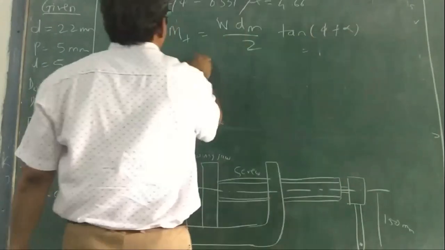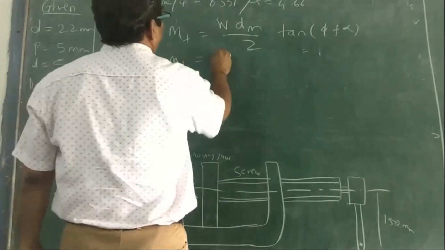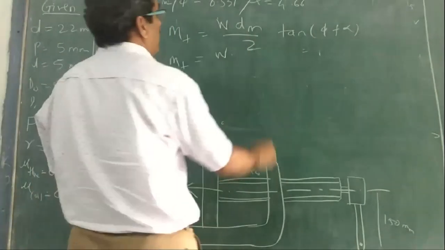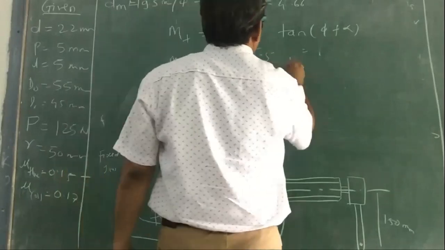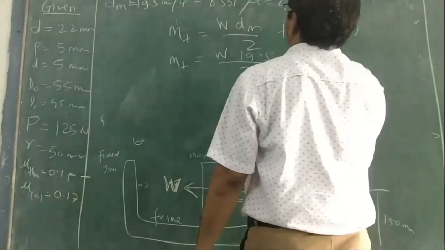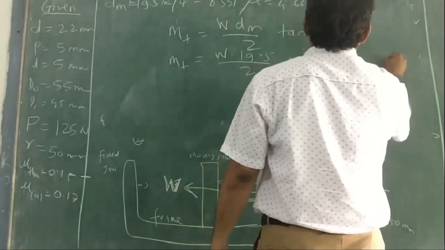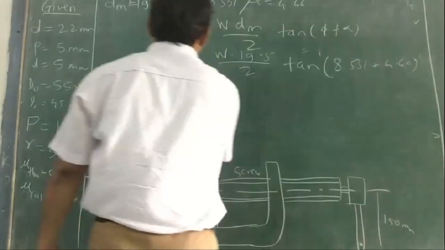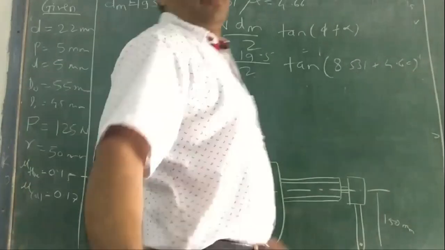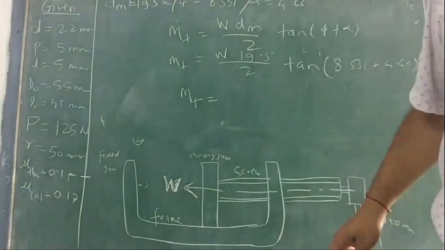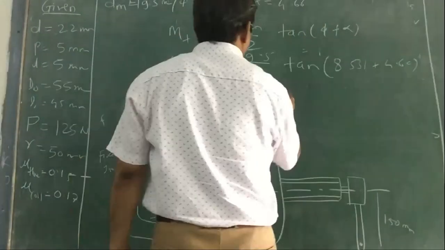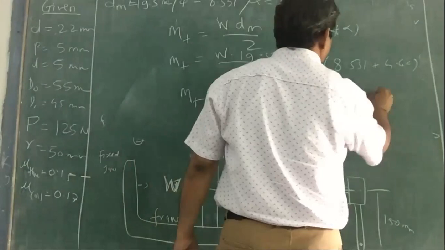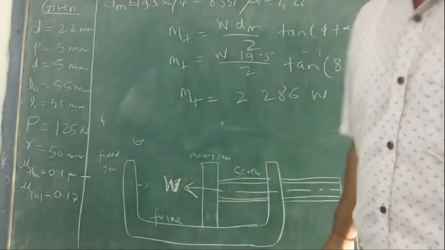We put the values: MT is equal to W into 19.5 upon 2 into tan(8.531 plus 4.66). So to raise the load we get MT as 2.286 W Newton mm. So we got MT.